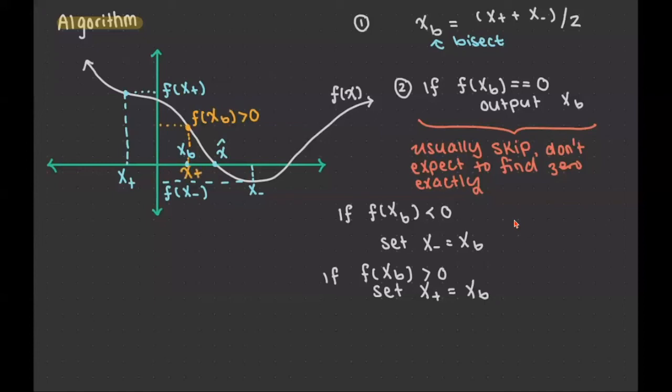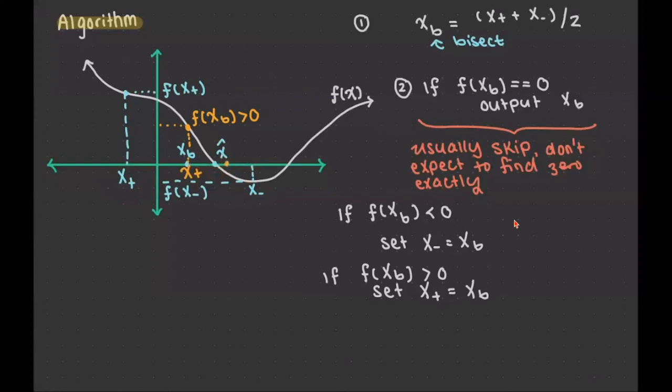And then this is a recursive process. What it means is we just do the whole thing all over again, except now, instead of using this x plus, we use this x plus, and we're looking between this orange x plus and this blue x minus, and we repeat the process again. We'd say, okay, here's the distance between them. Maybe the midpoint is here.